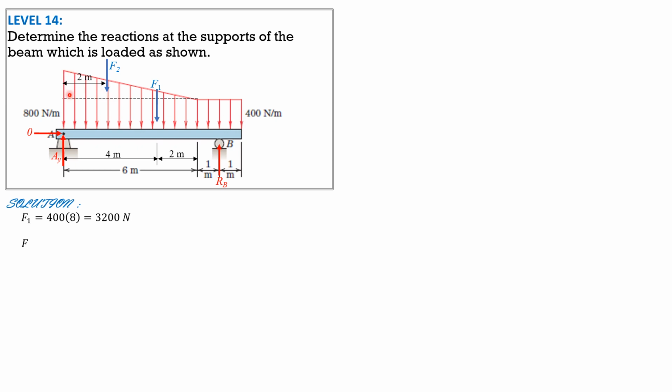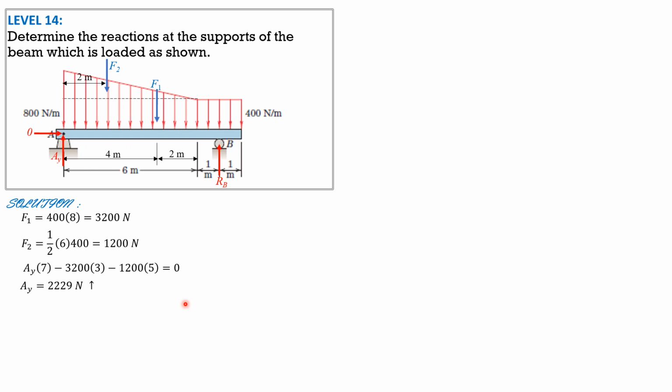So 1/2 of 6 times 400, F2, and that is equal to 1,200 newtons. So summation of moments about B equals 0, AY times 7 minus F1 3,200 times 3 minus F2 1,200 times 5 equals 0. So solving for AY is 2229 newtons.